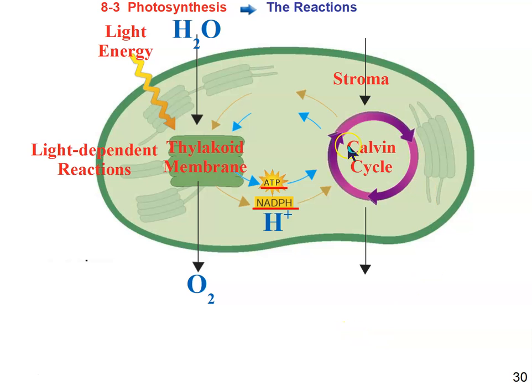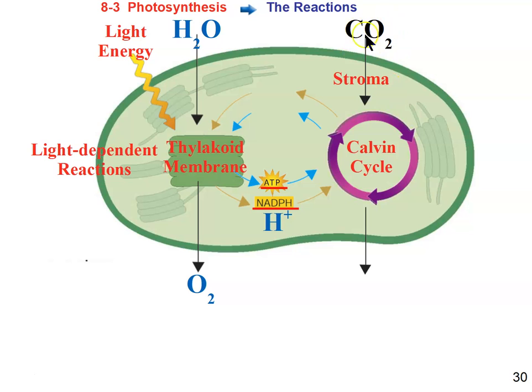And in the light-independent reactions, that's where the chemical energy coming from the light-dependent reactions is used to fix carbon, this all-important ecological activity that fixes carbon for the entire biosphere on the surface of the Earth.